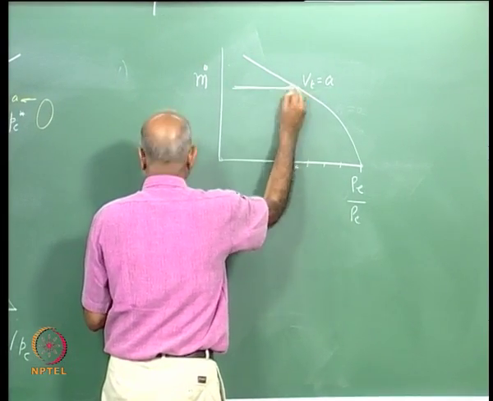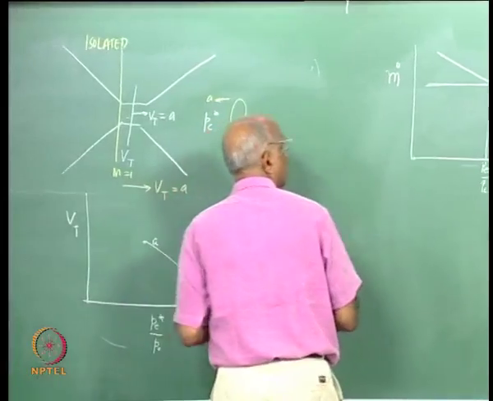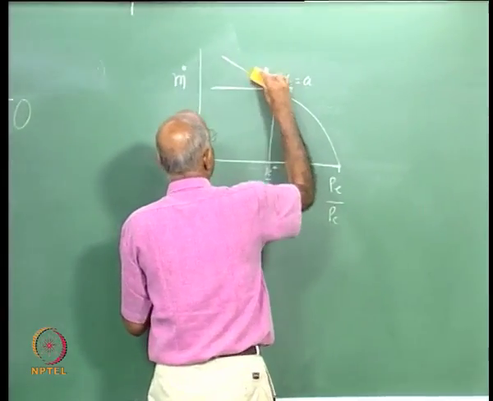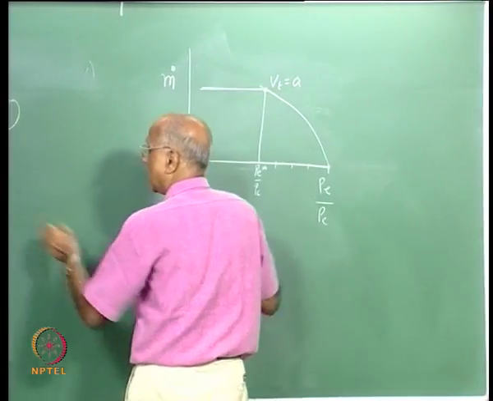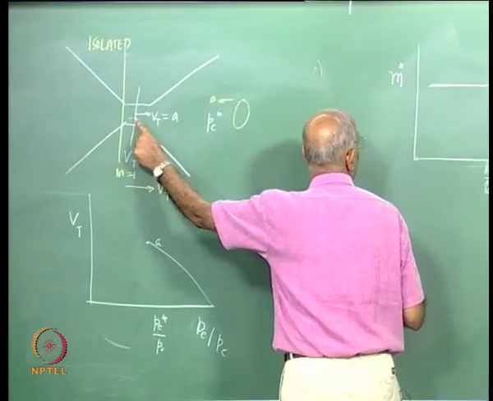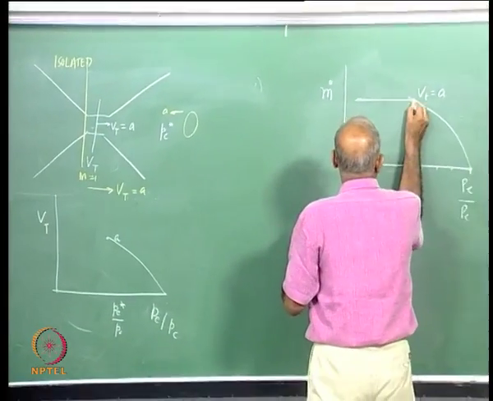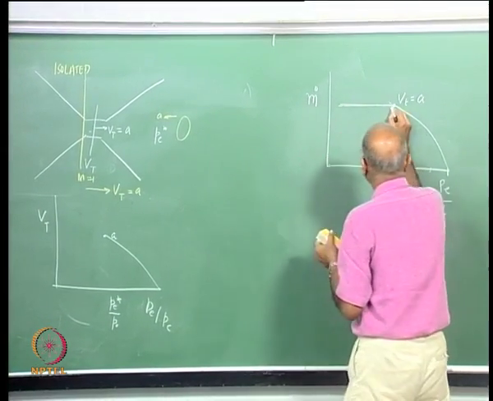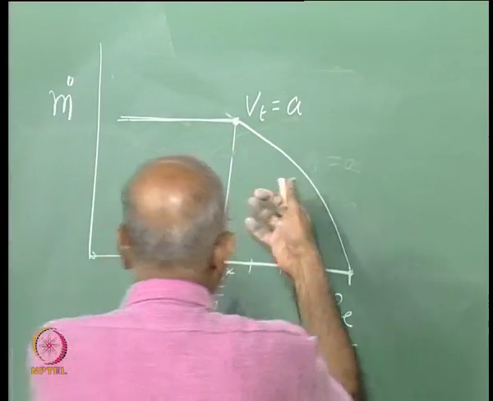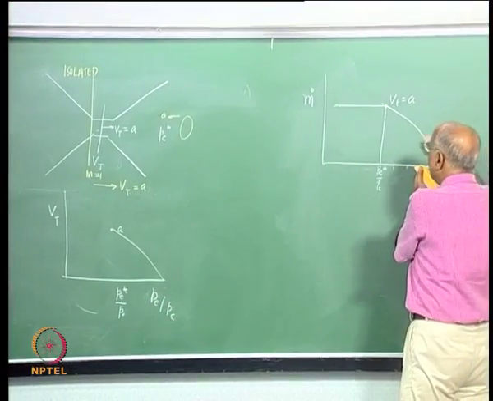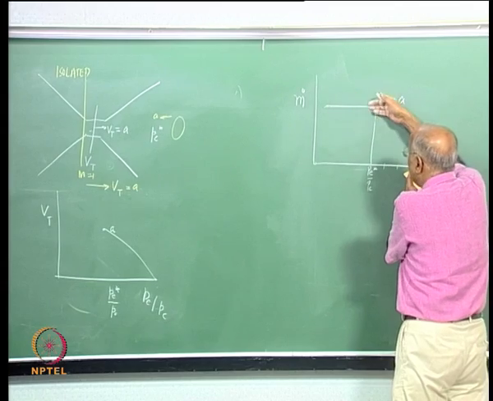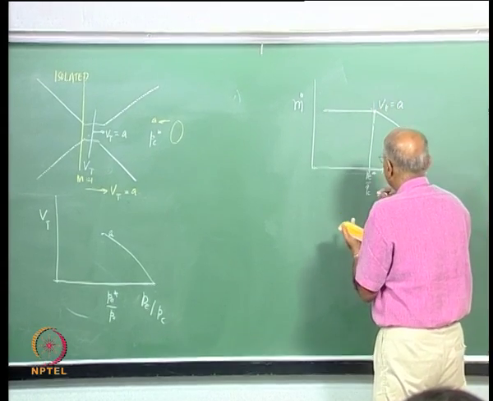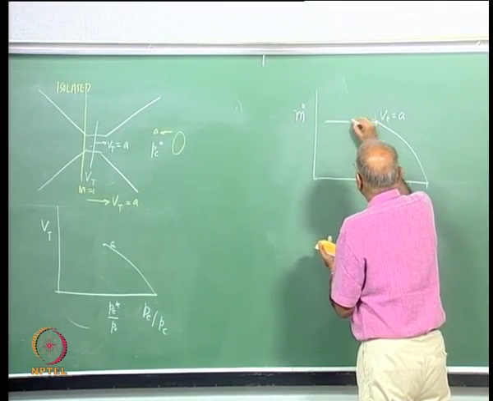In other words, when the downstream pressure is such that the velocity at the throat is the sound speed, thereafter the mass flow rate is a constant. Even though I am trying to pull, the information is not given to my tank, or rather I say that my throat is choked, and this is known as choked flow.